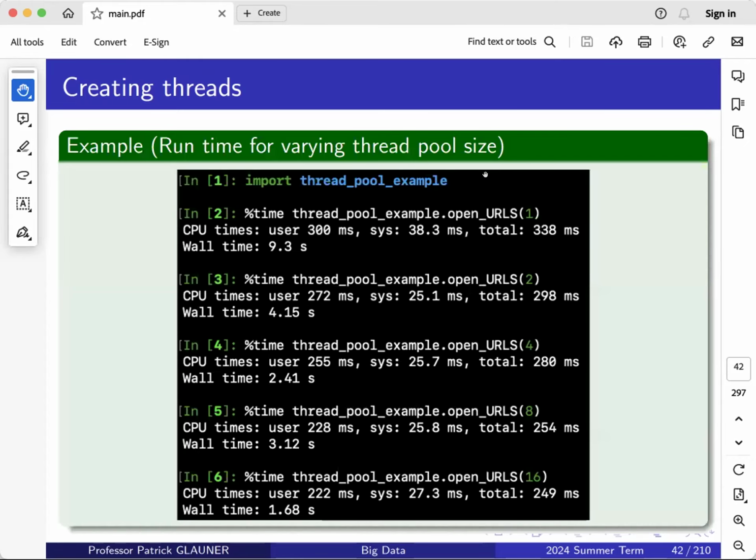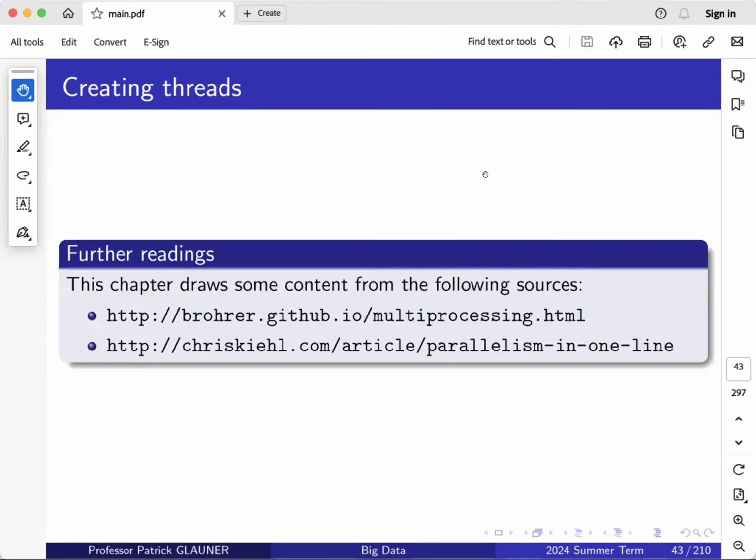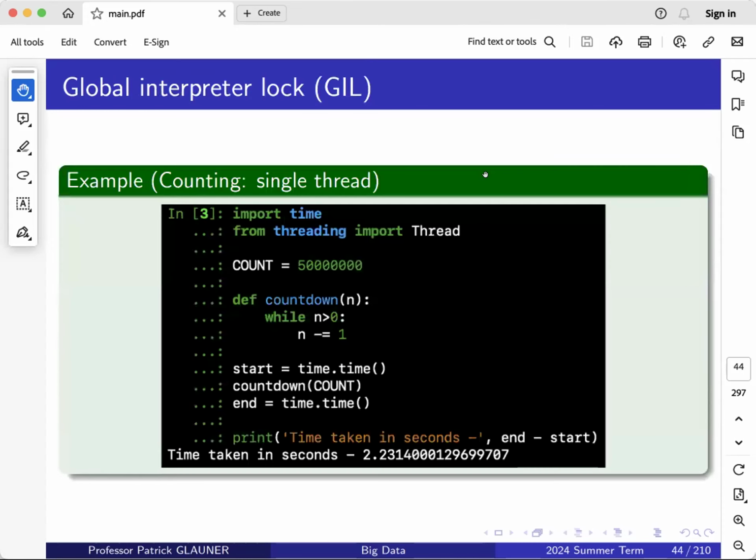We saw also a couple of experiments, and then we had the idea that we have one very complex task that takes long. For example, this was just simulated with a very large countdown, but could represent some much more complex function that takes long to run.